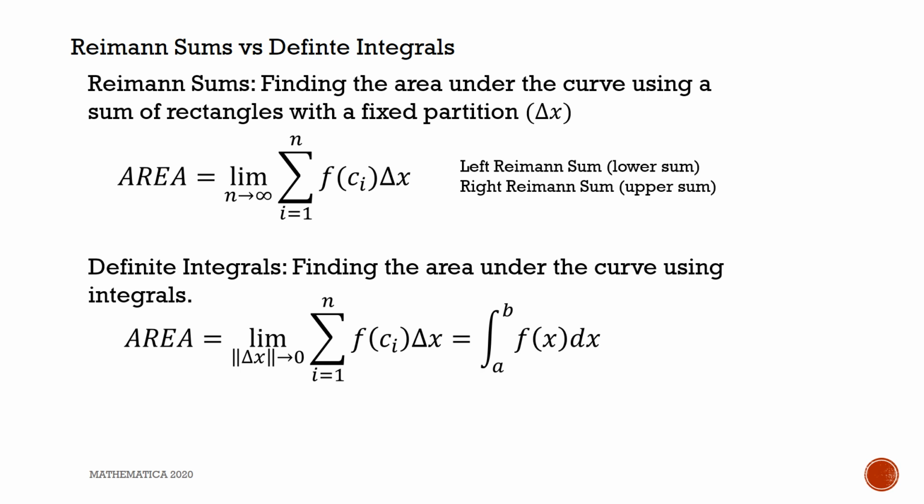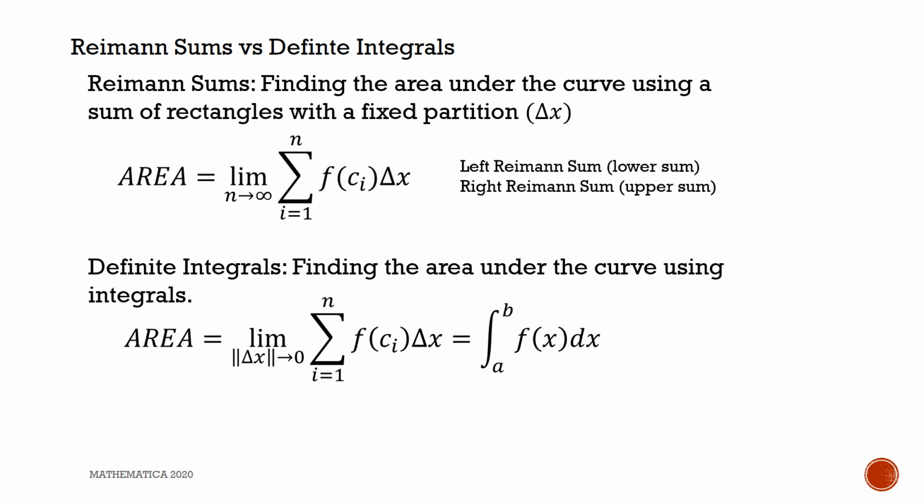Now, this is the formula. Now it changes a little bit. The first formula said n approaches infinity, and now we have the norm of delta x as it approaches 0. So that's the part that changes a little bit. So let me explain this to you. All this means is that my partitions are not constant. In other words, my rectangles have different widths, and as those widths approach 0, then eventually we could find the area underneath the curve.